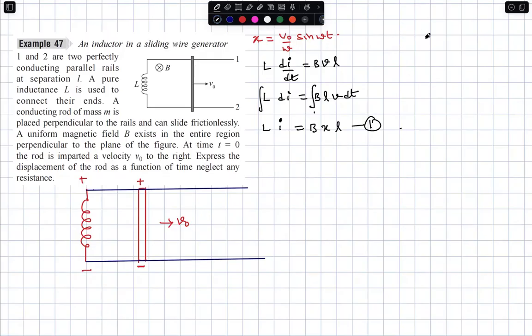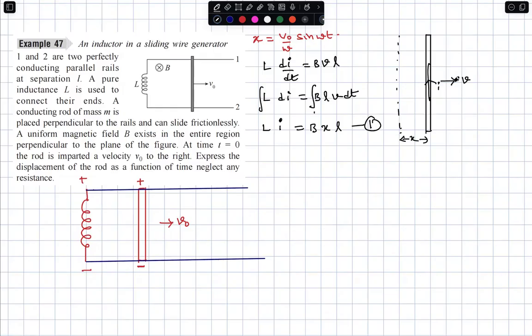Meanwhile, you study the rod. The rod at an instant is moving with a velocity v like this, displaced by some distance x. And what is the direction of the current? This is the direction of the current, I.